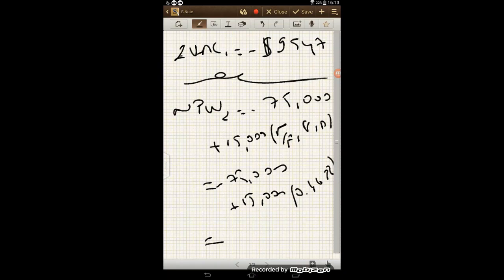When we add them, the net present worth of the second one is minus 68,052.